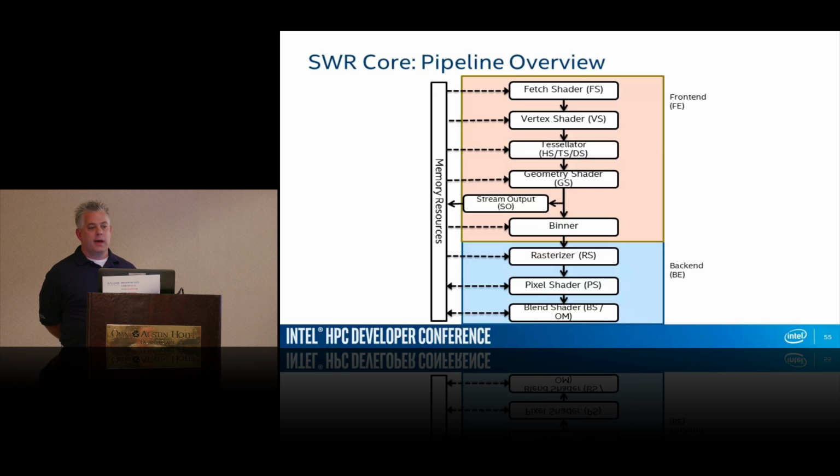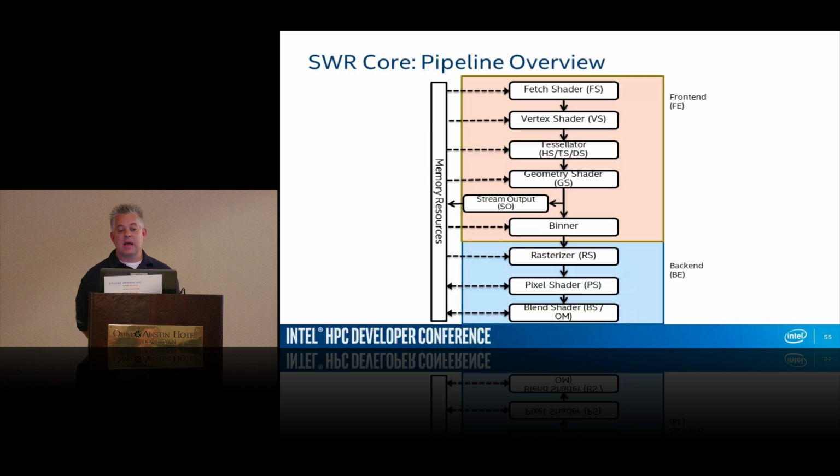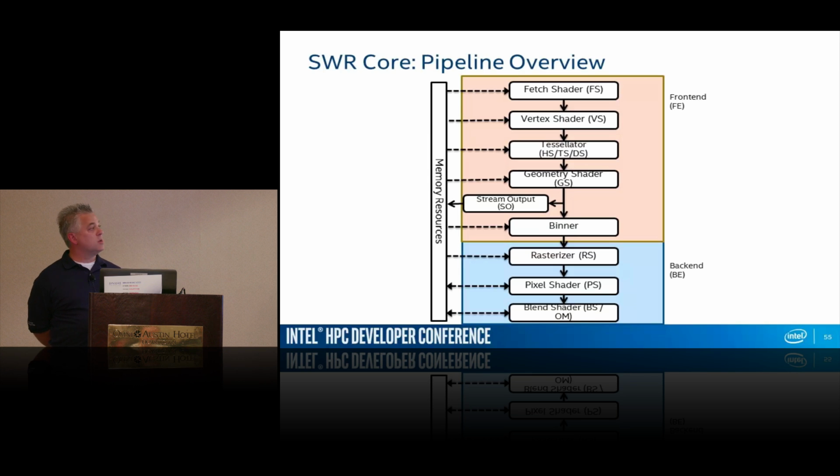We have a fetch unit, which does the input assembly, vertex shading, tessellation unit with the hull shader, tessellation shader, and domain shaders, geometry shader, stream output, binner, which assembles primitives, then the rasterizer, common rasterizer, pixel shader unit, as well as a back end that does flexible blend shading as well as output merger. So like I said, it's really not any different than a modern GPU implementation.